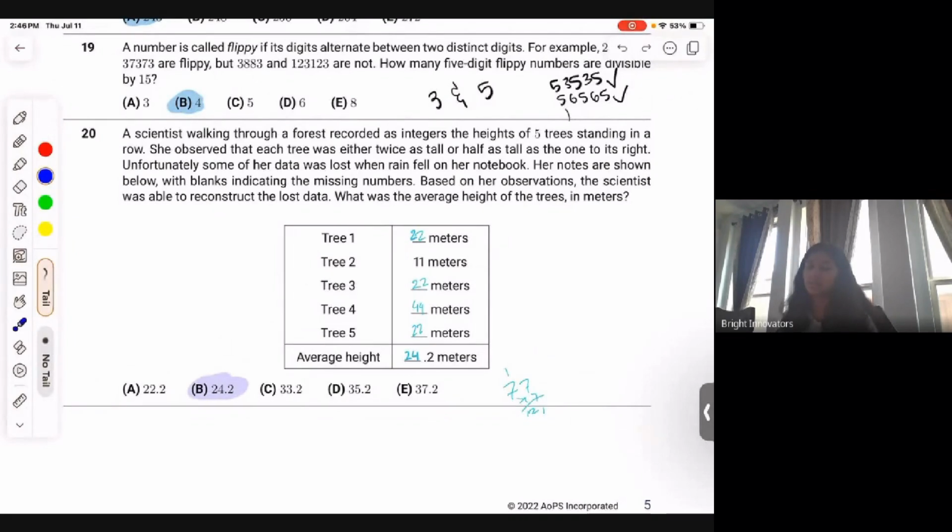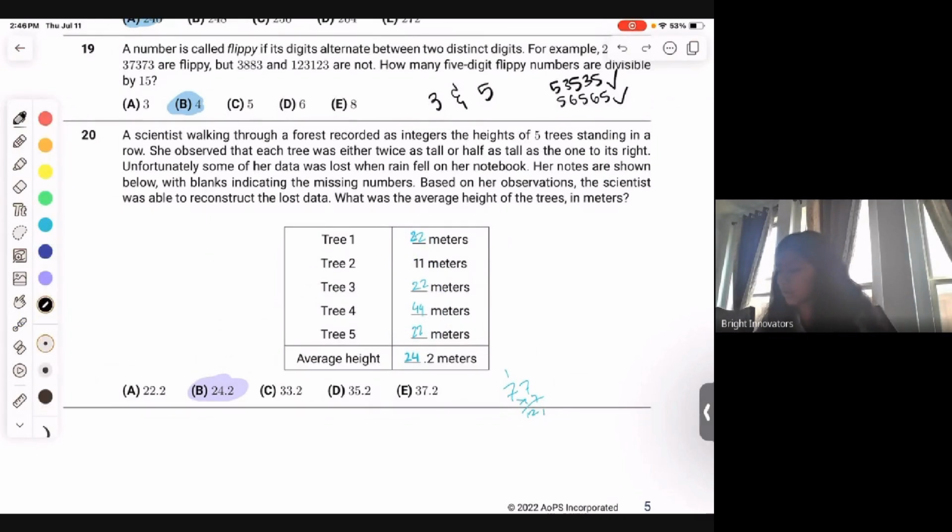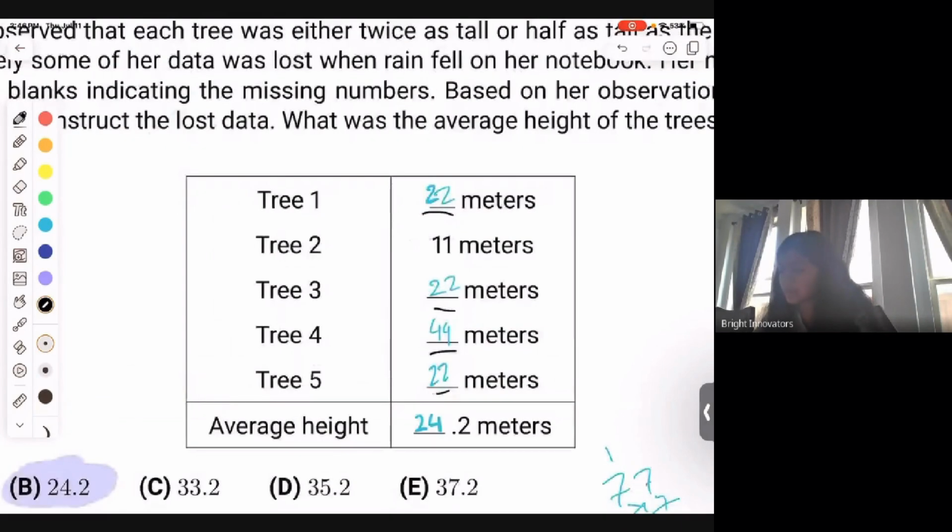Does that make sense? So it has to end with a 1, like the sum of all these numbers. There's already a 1 right here, 11. And all the last digits of these numbers would have to add up to a 0. So 2 plus 2. Oh, 1 second.